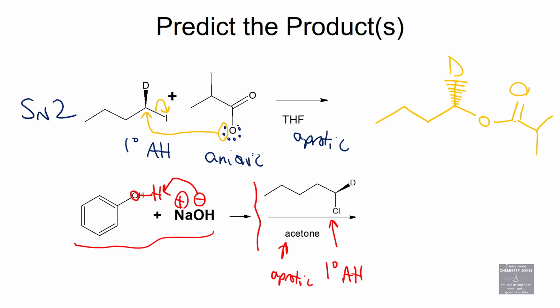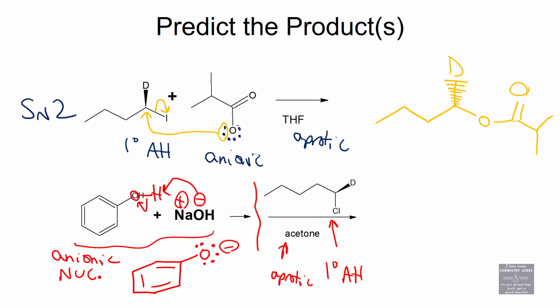So the first thing that happens when you put these together is an acid-base reaction. Hydroxide takes an H from phenol to make this O minus, which is called phenoxide. This O minus is actually my nucleophile. It's an anionic nucleophile because it's an O minus.